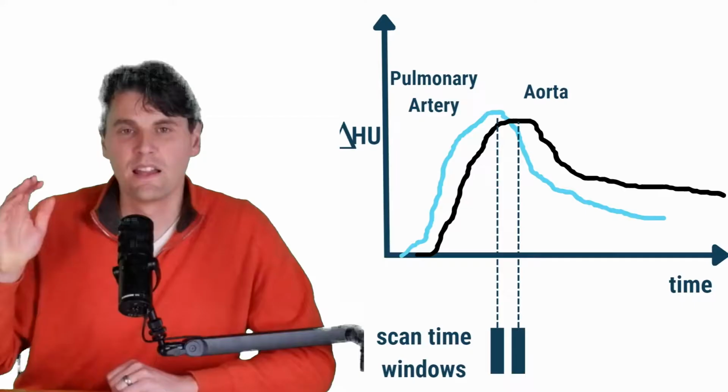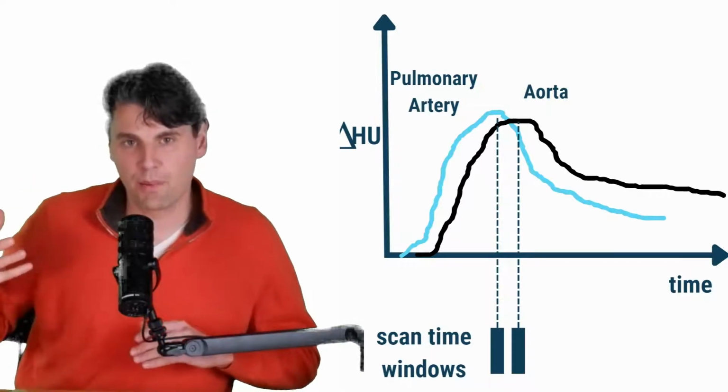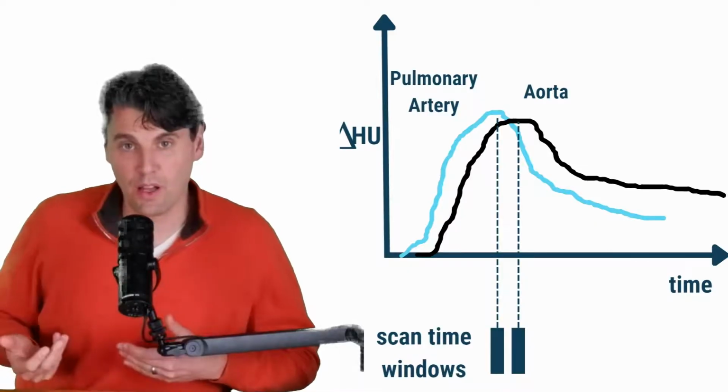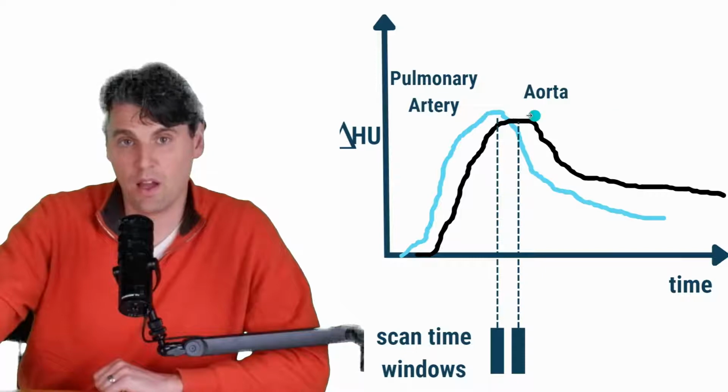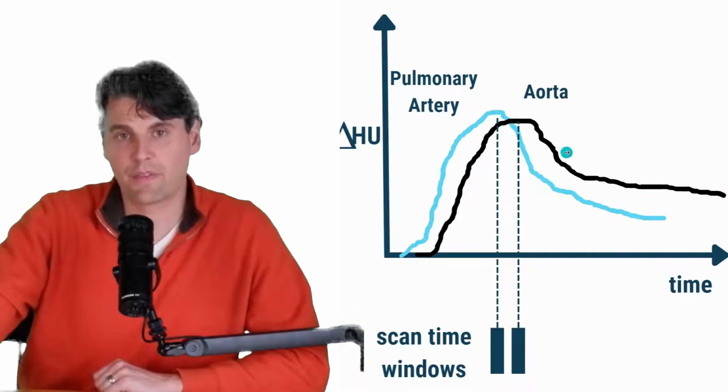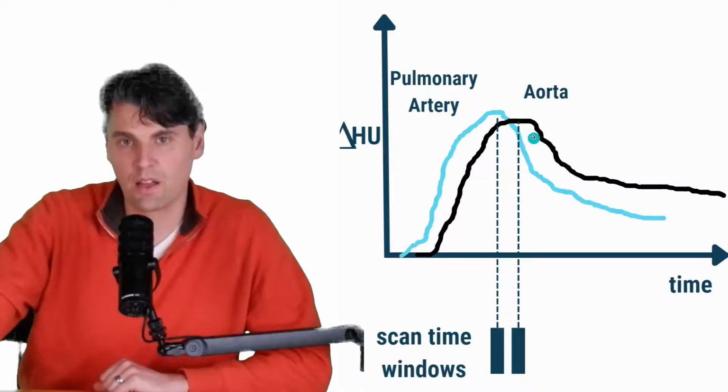Then after the blood passes through the lungs and then goes through the heart, it's going to be in the aorta, and then we'll be ready to do imaging of the aorta, things coming right off of the aorta. So that would be what the contrast would look like in the aorta, and when we would want to do our imaging of the aorta.